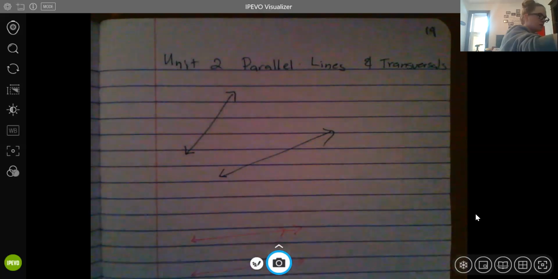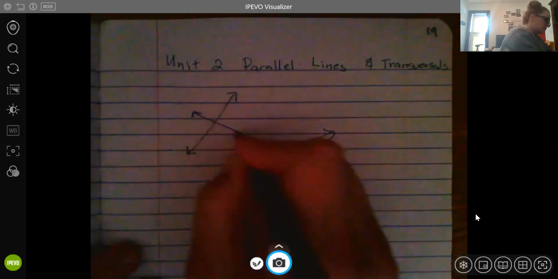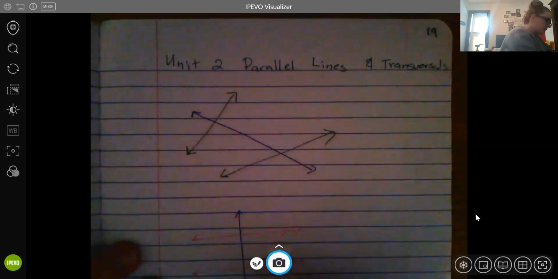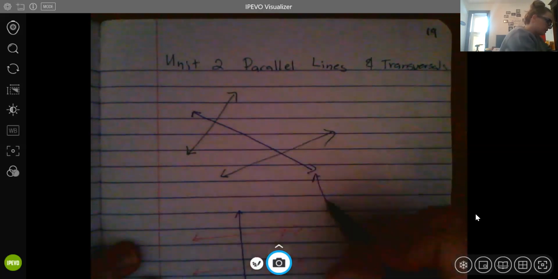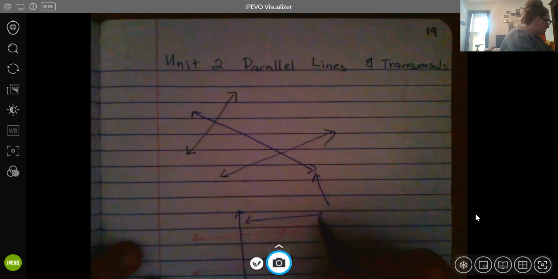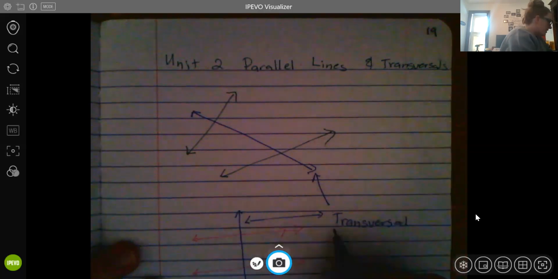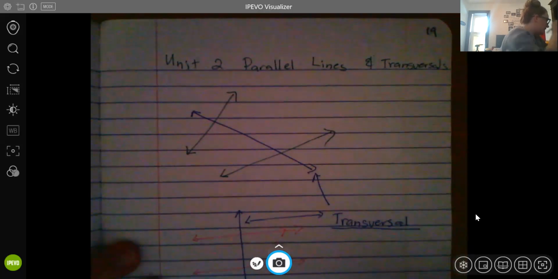A transversal is the line that cuts through two other lines. So this and this are transversals. It is a line that passes through two lines in the same plane at two distinct points.